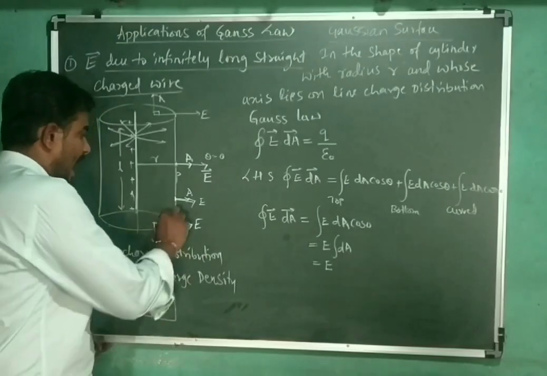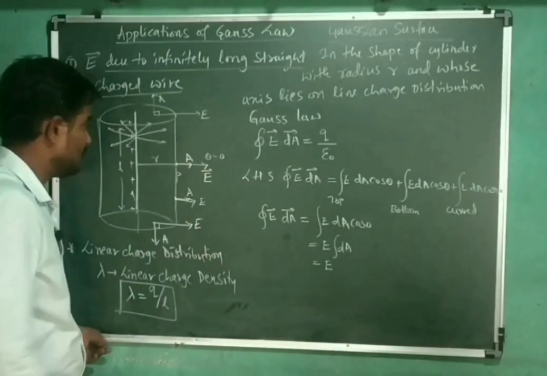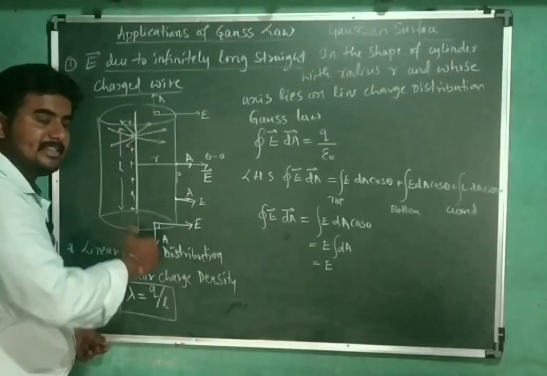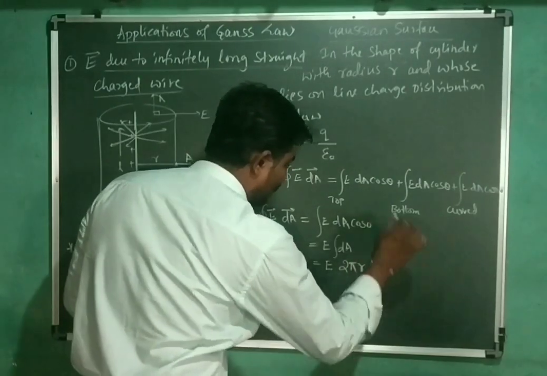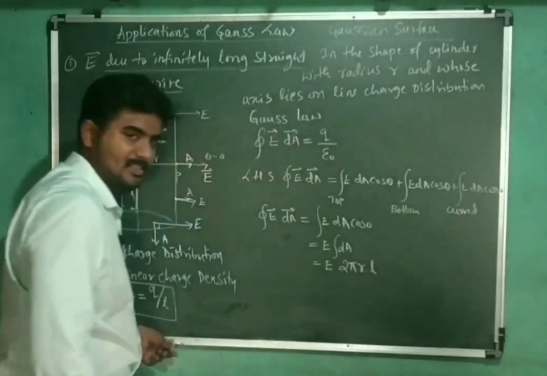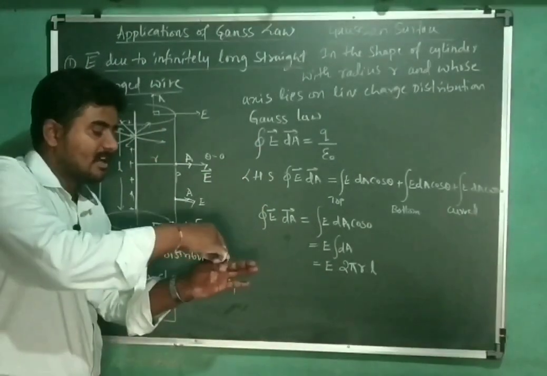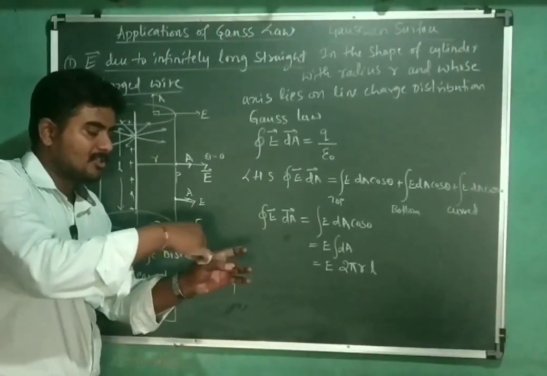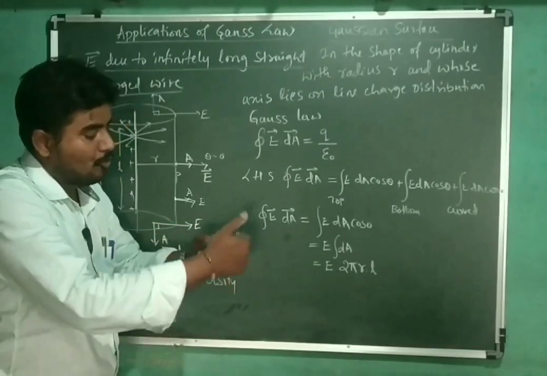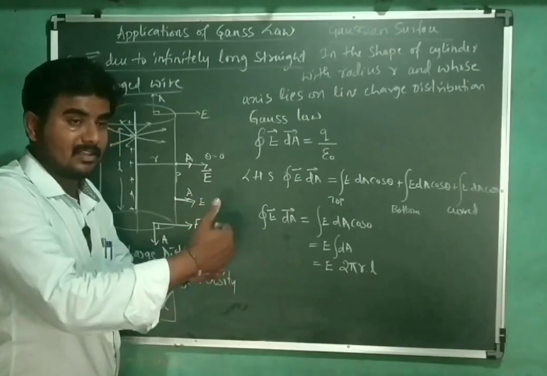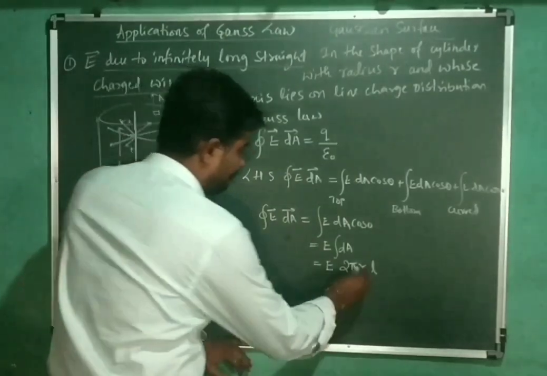If I add all these dAs of the curved surface, I am going to get the area of total length L, that is 2 pi r into L, where 2 pi r is the circumference of one circle, and L is the length. If I add all the circumferences up to length L, I am going to get 2 pi r into L, that is the area.